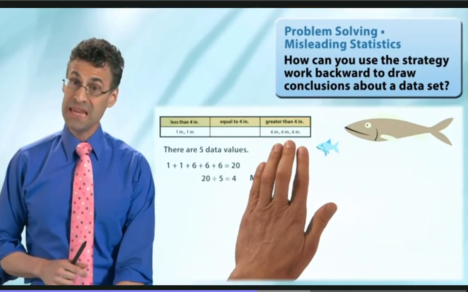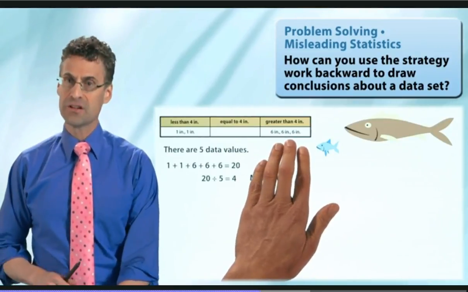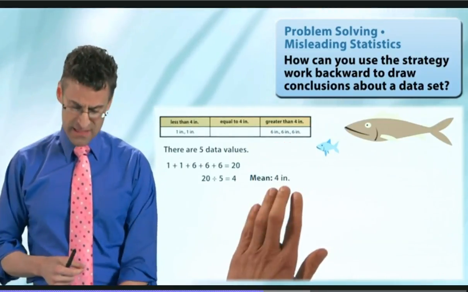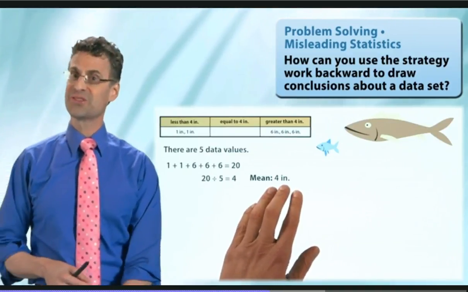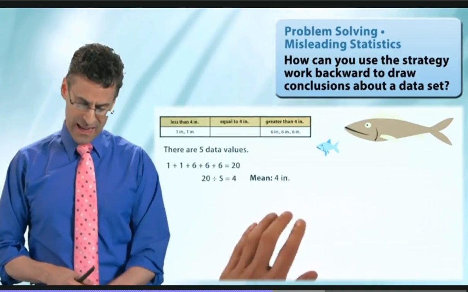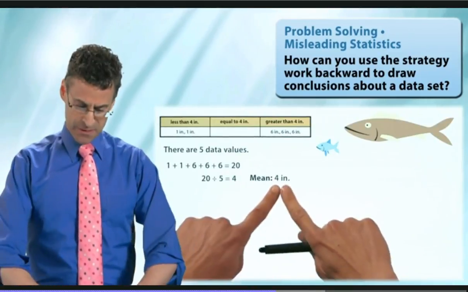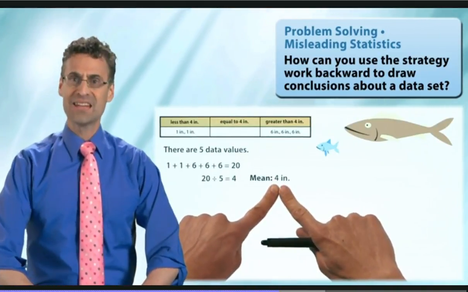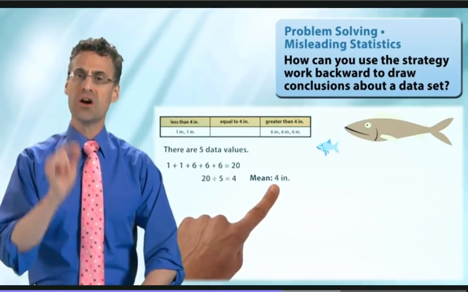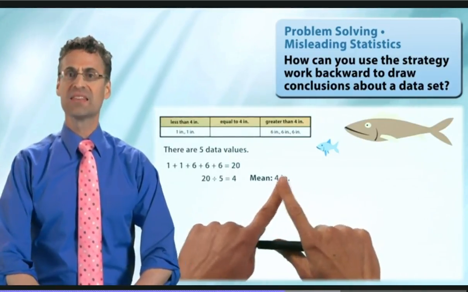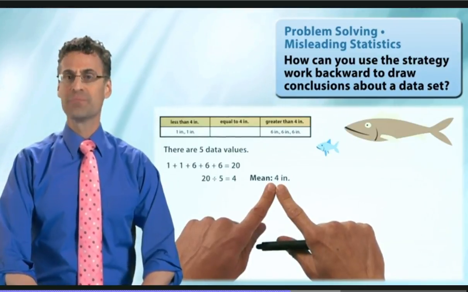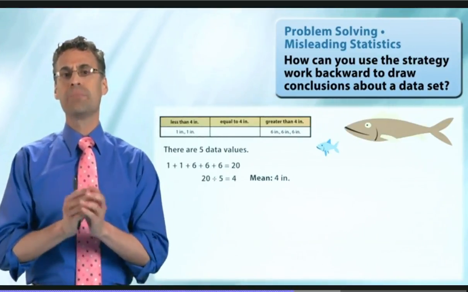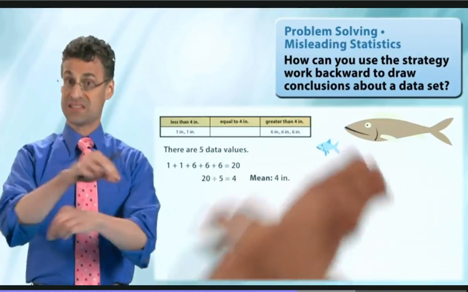The mean, this numerical average, this measure of center, is in fact 4 inches. But what this shows us is something really interesting: we can have a data set that has a particular mean value, and yet there is no datum in that set that actually has that exact value. Meaning that the average value might not be one of the values in the data set.